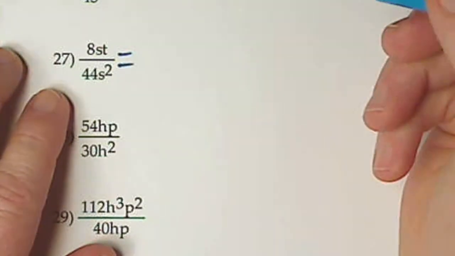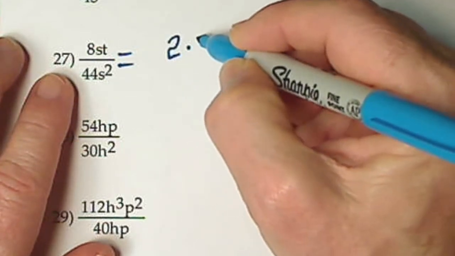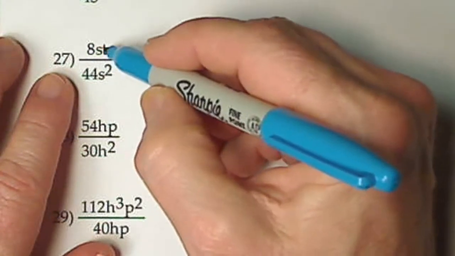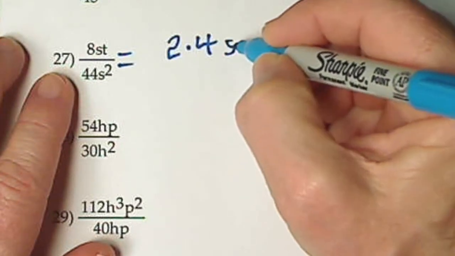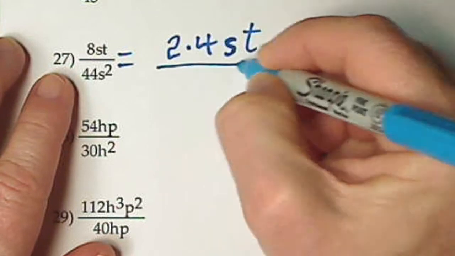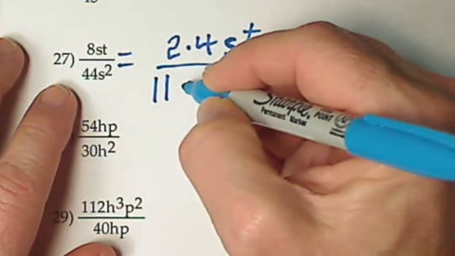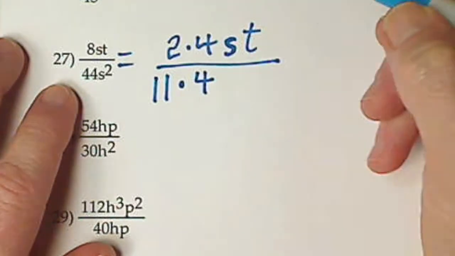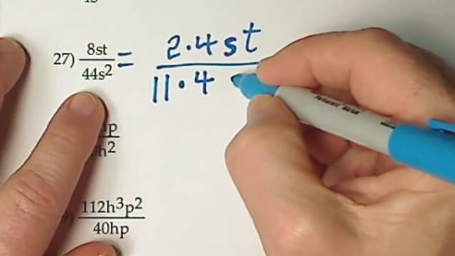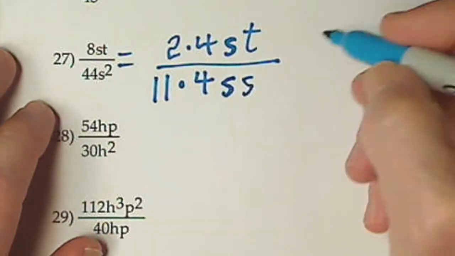This is another way to think about it. 8 can be written as 2 times 4 and then s times t. That's a t. And 44, I'm going to write that as 11 times 4. S squared is s times s.